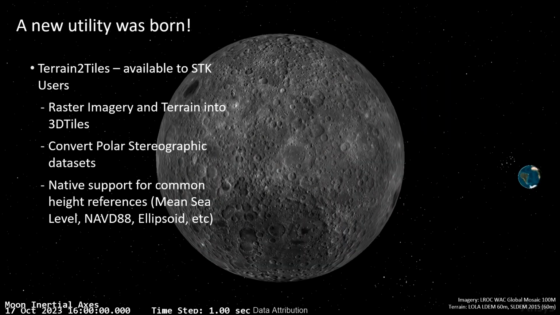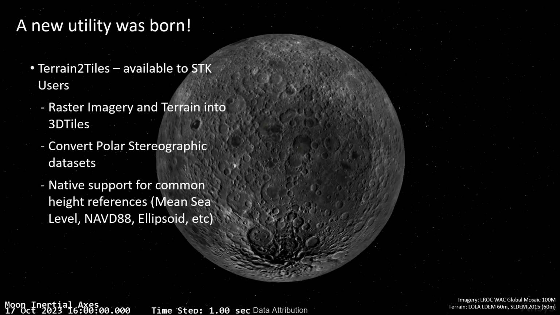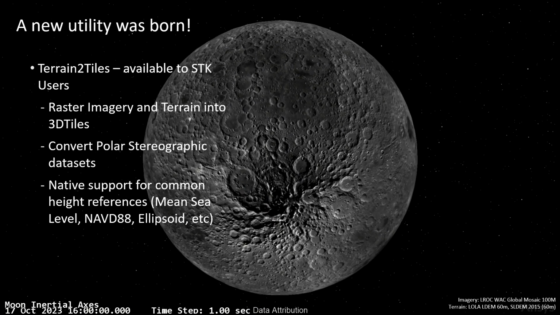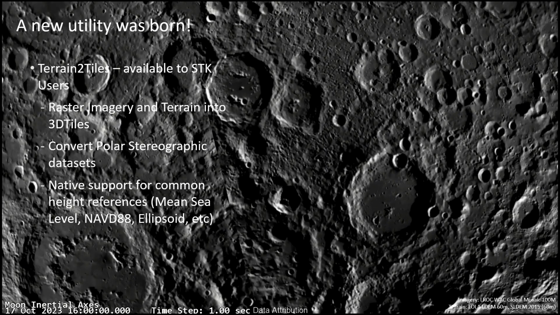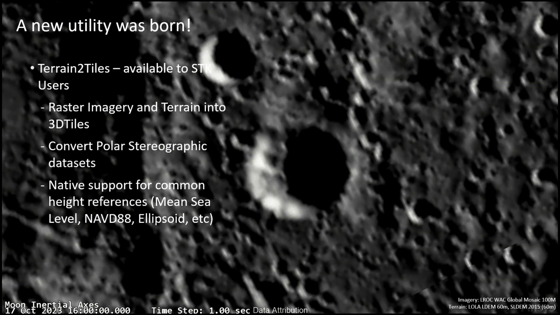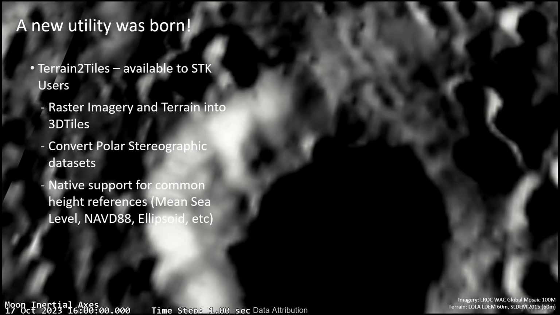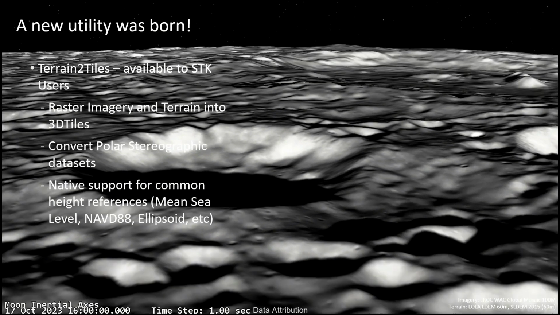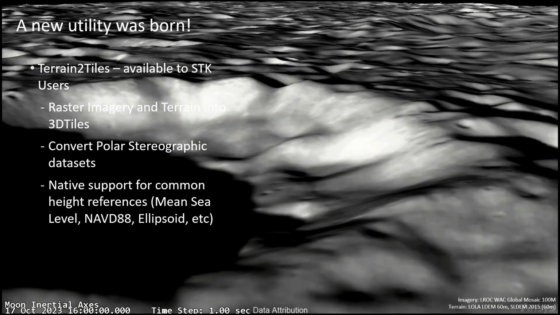One of the challenges is that we had no way to get that lunar data into our tool. So we had to come up with our own solution, where we take raster imagery and raster terrain, bake those into glTF tiles, and tile that up in our own 3D tile sets.